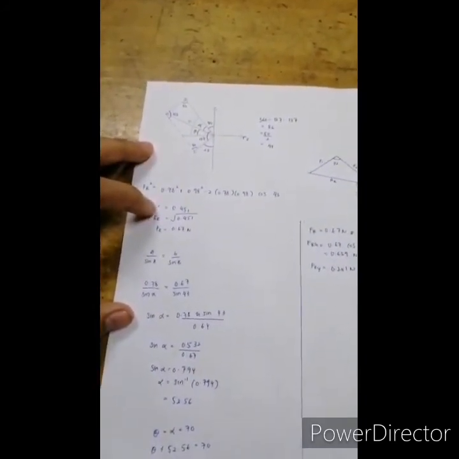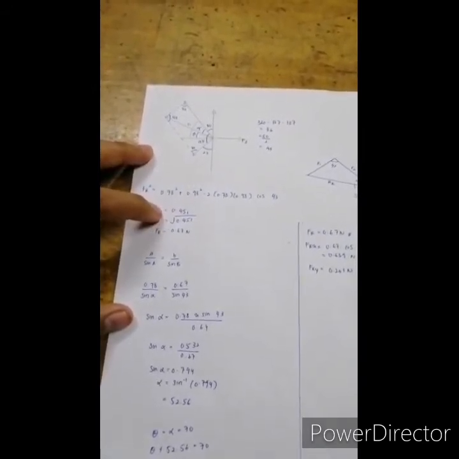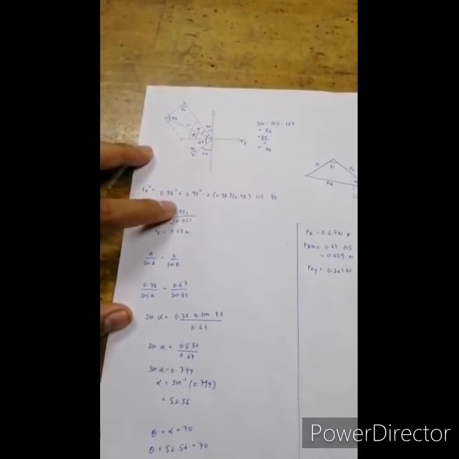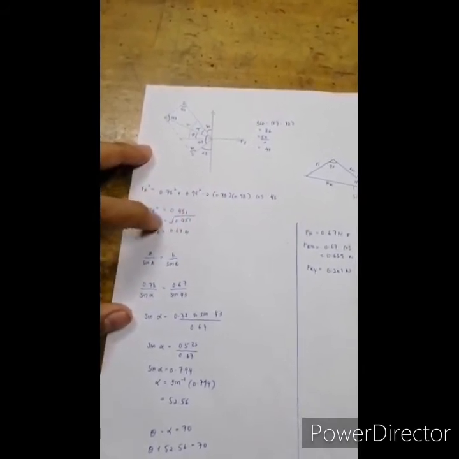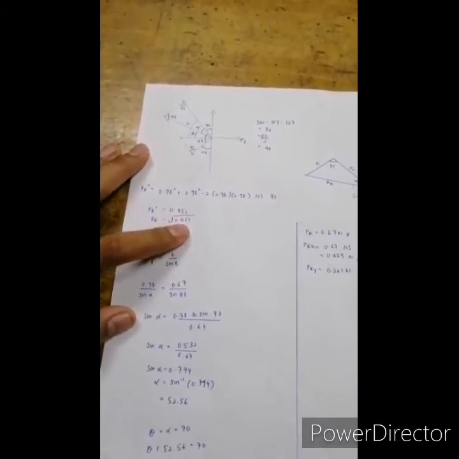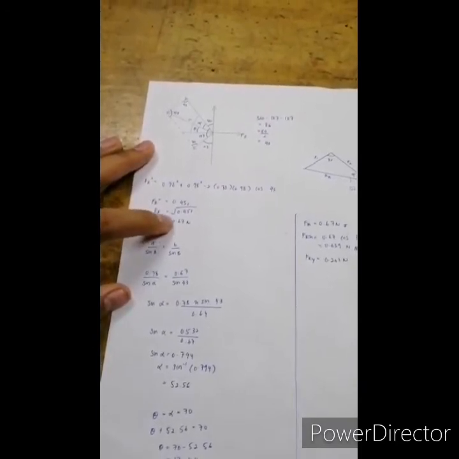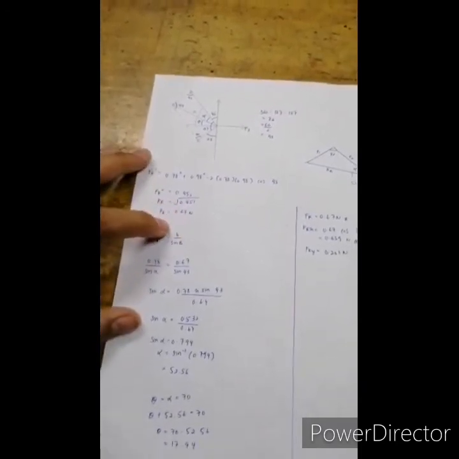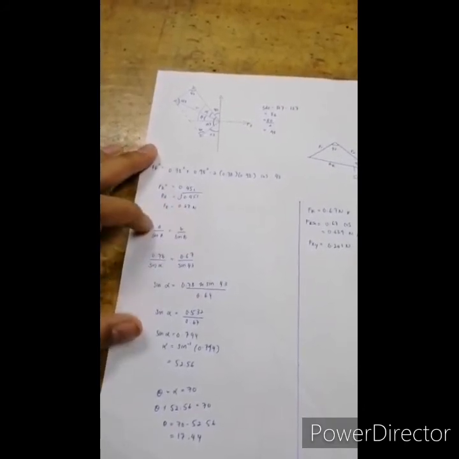FR squared equals 0.451, so FR equals the square root of 0.451, which is 0.37, and the answer is 0.67 Newton.